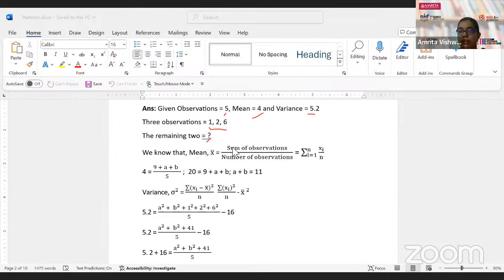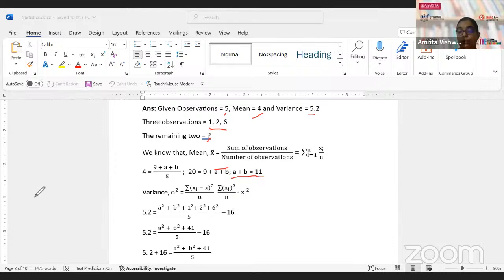That is 4 is equal to (1 plus 2 plus 6 plus the remaining 2 values, which I have assigned as a and b) by 5. So (9 plus a plus b) by 5 is equal to 4. 5 is the total number of observations and 4 is the mean. So 9 plus a plus b equals 20. From here, you'll get the equation a plus b equals 11. That's the very basic part.